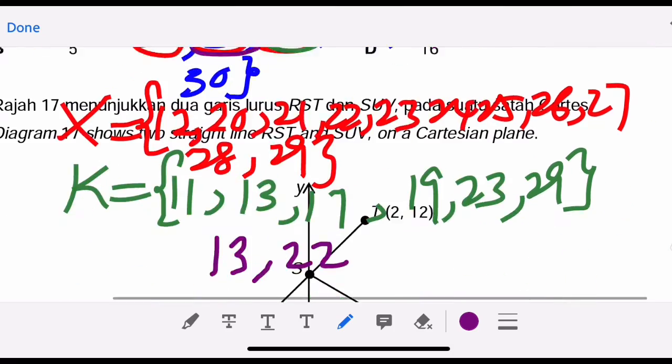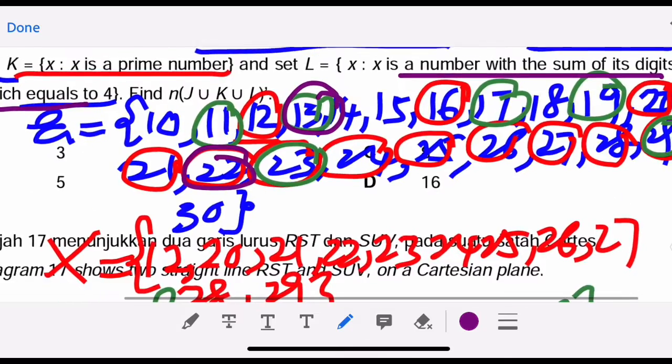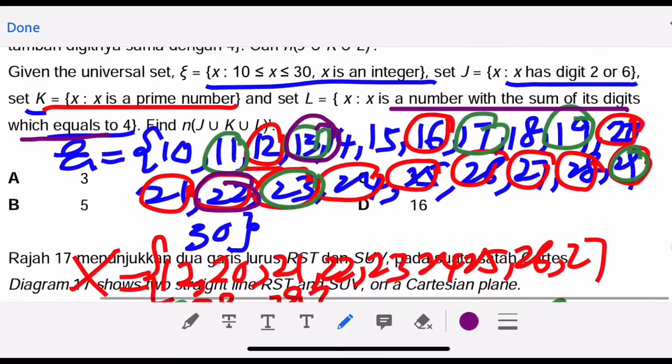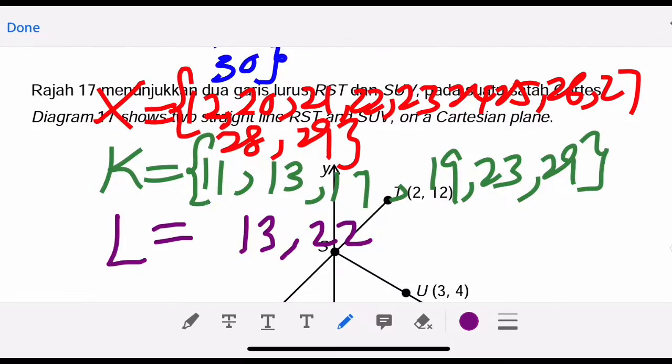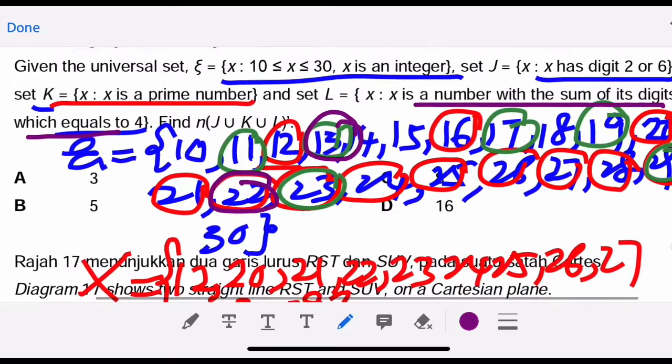Got some more? 1, 3, 2, 2. Other than this, I don't think so. Sum of, you take the digits and add them, okay? So this is L. Understand? 1 plus 3, you get 4. 2 plus 2, you get 4. That's called sum of the digits equal to 4.